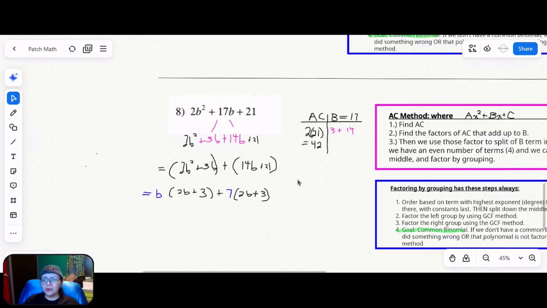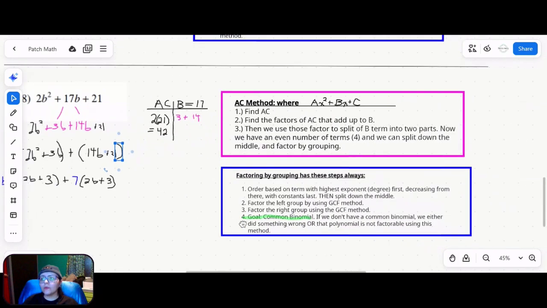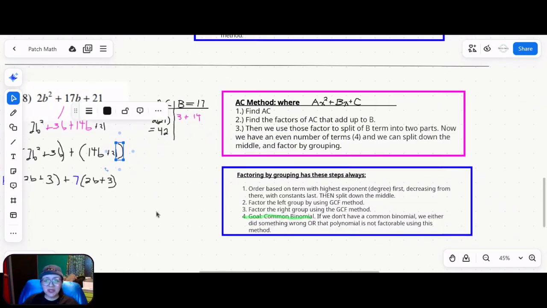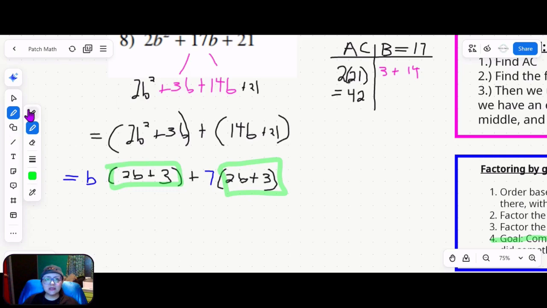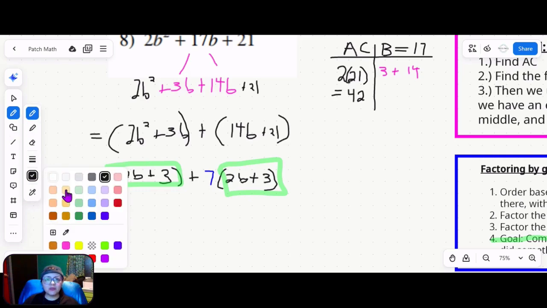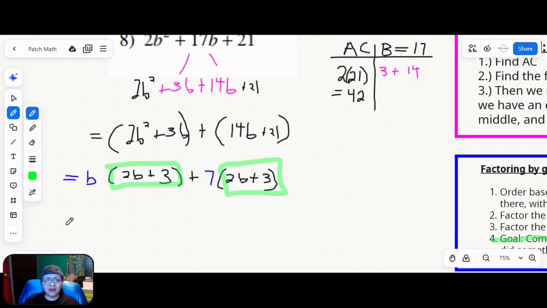If at this point you don't have our goal for factoring by grouping, which is the common binomial, then that means you either did something wrong or this one is not factorable with this method. In this case, we do have that common goal of 2b plus 3, that common binomial that we can factor out, that we can divide out.